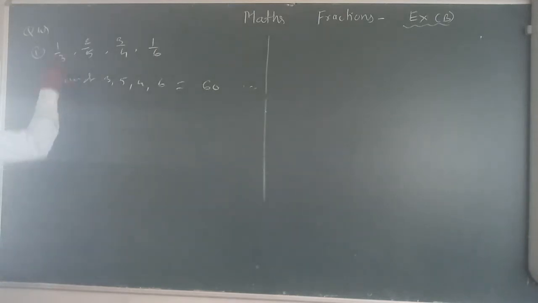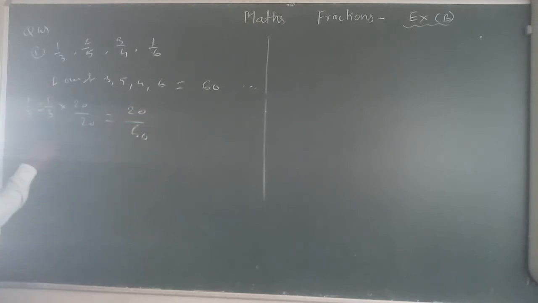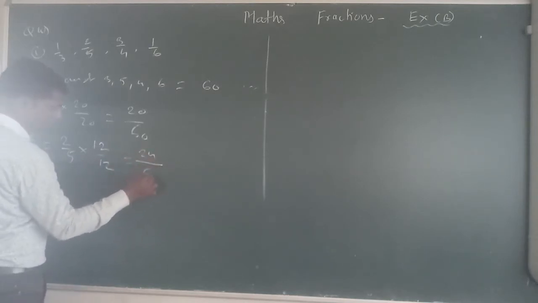First one, 1 upon 3 should be multiplied by 20 upon 20, which will be 20 upon 60. Second one, 2 upon 5 should be multiplied by 12 upon 12, because 12 fives are 60, so 24 upon 60.